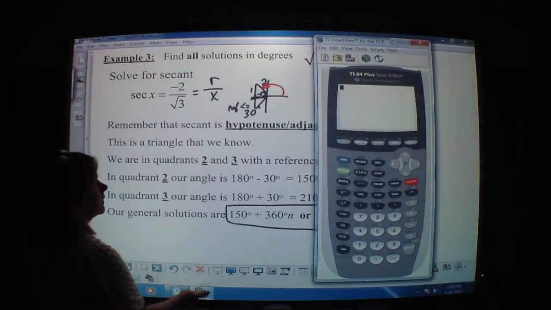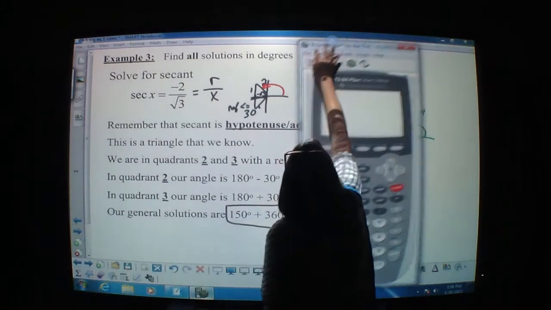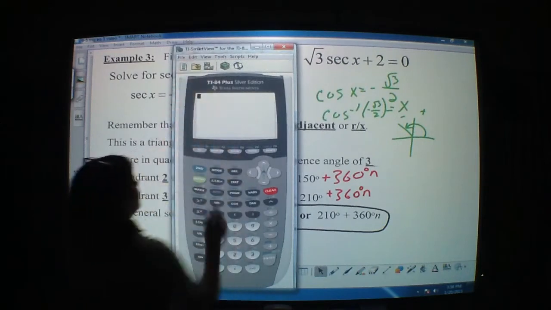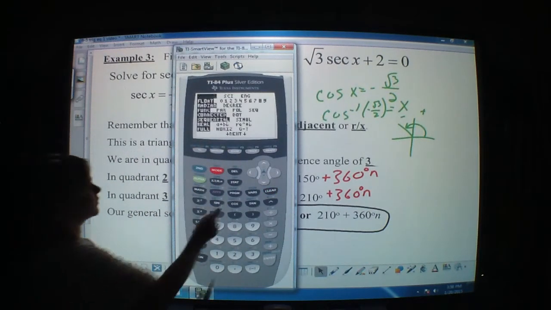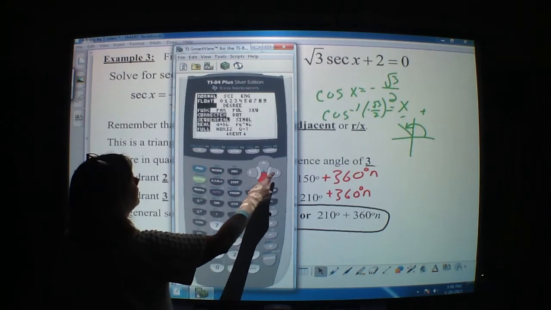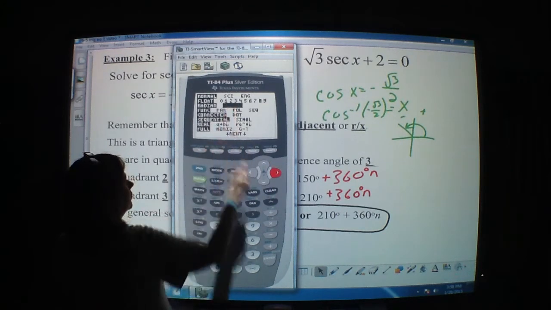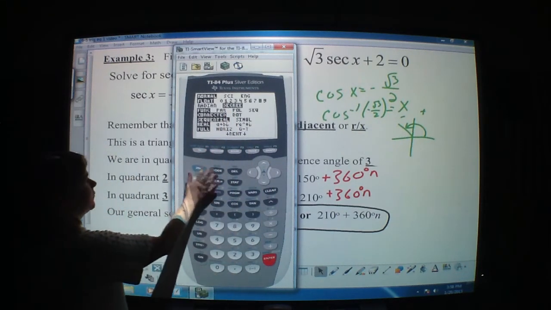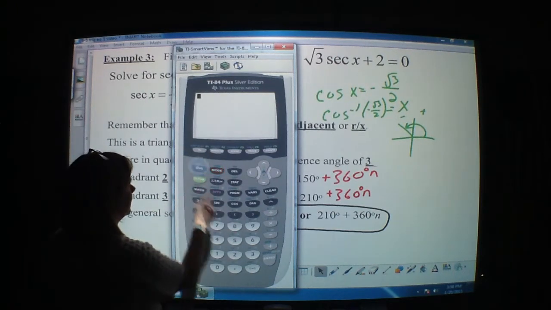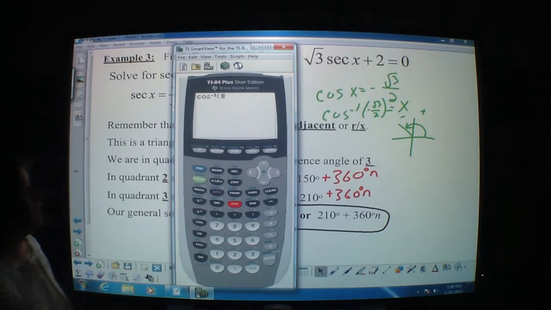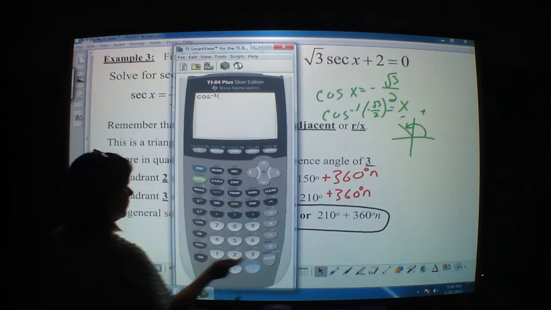Let me pull up my calculator. First of all, this is degrees, so I want to go in degree mode. So I go over here to degrees, push enter, and quit out of there. So I'm in degree mode. Inverse cosine of negative radical 3 divided by 2.